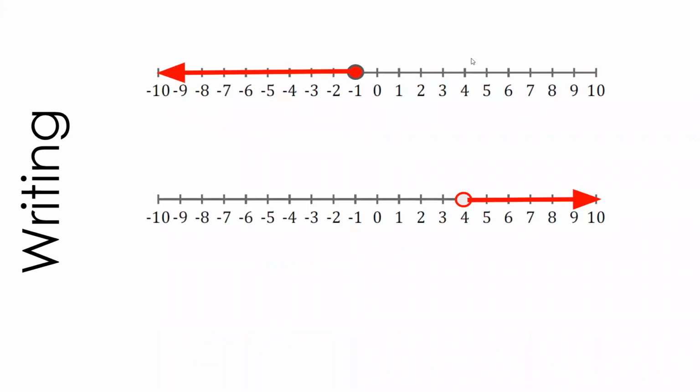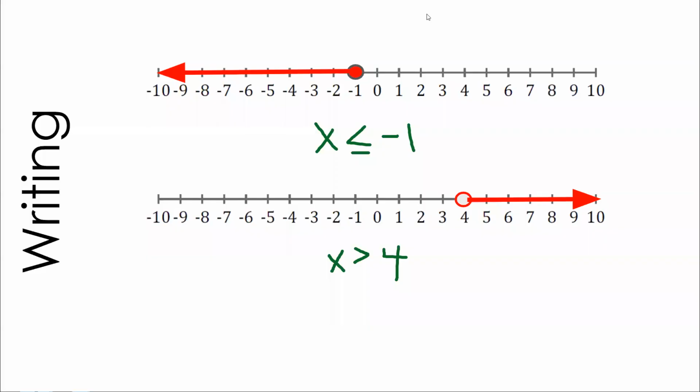Here's 2 more problems for you to do. Again, you are writing down the inequalities for these 2 problems. So try them out and see if you get them correct. And here's your 2 answers. So x is less than or equal to -1 and x is greater than 4.